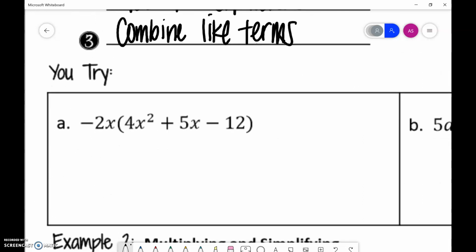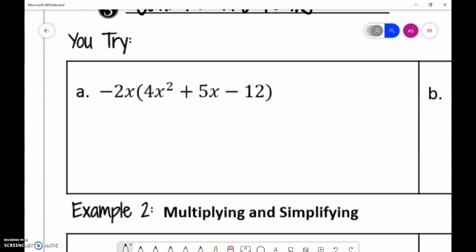Okay, so do this if you can. Pause the video, try this one on your own, and then press play when you're ready to check your answer.